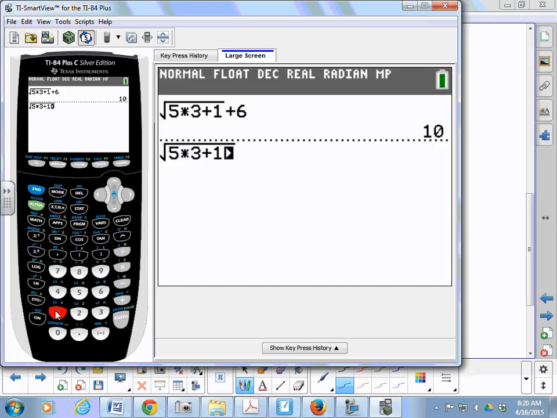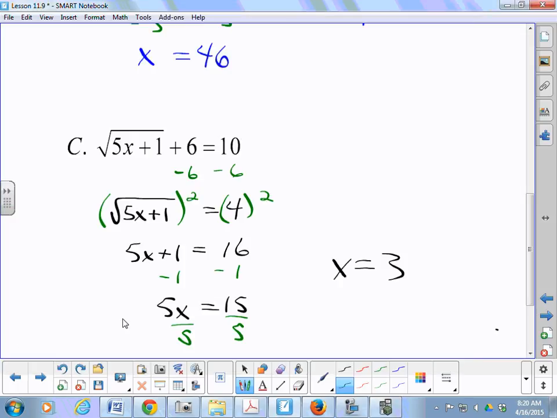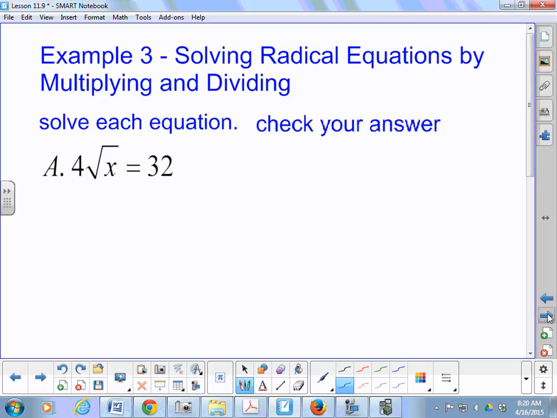So I got the square root of 5 times 3 plus 1, and then I'm going to hit the arrow key so it takes it out from underneath the radical. And then plus 6. All right, good.